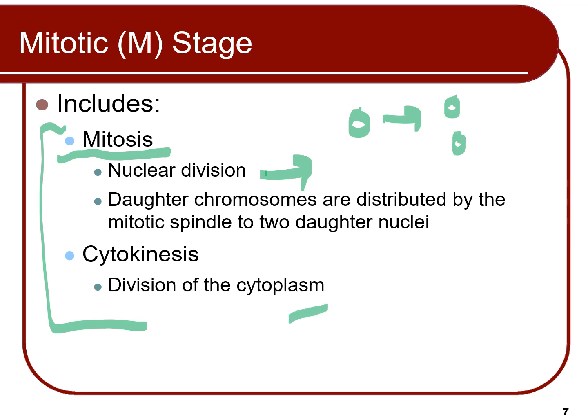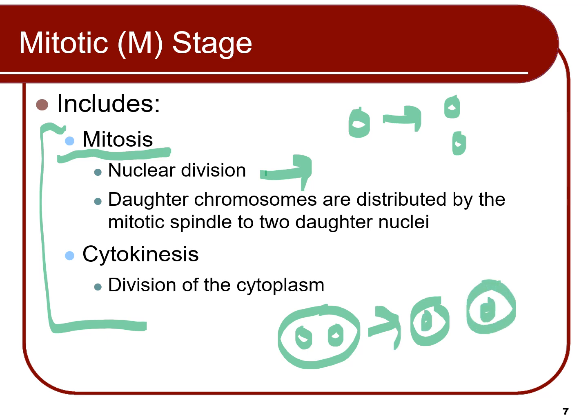Cytokinesis is the splitting of the cell with the 2 nuclei in it into 2 new cells, each having a nucleus. So mitosis is division of the nucleus, which is what nuclear division means, and cytokinesis is division of the whole cell into 2 cells. So those are the 2 parts of the M stage.